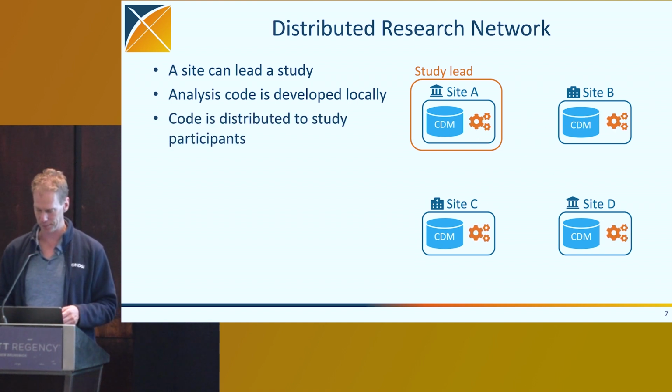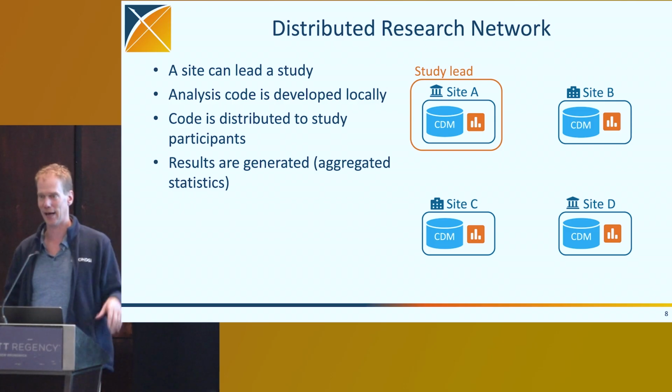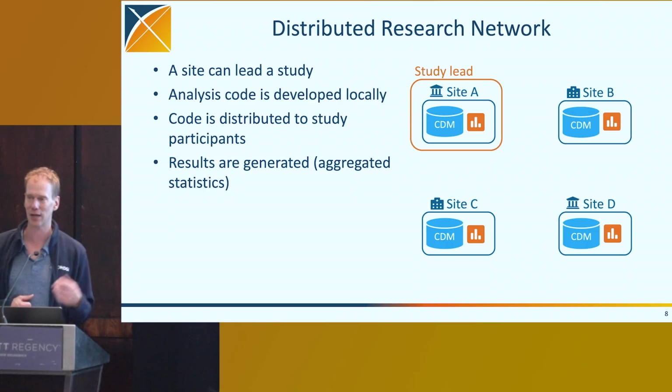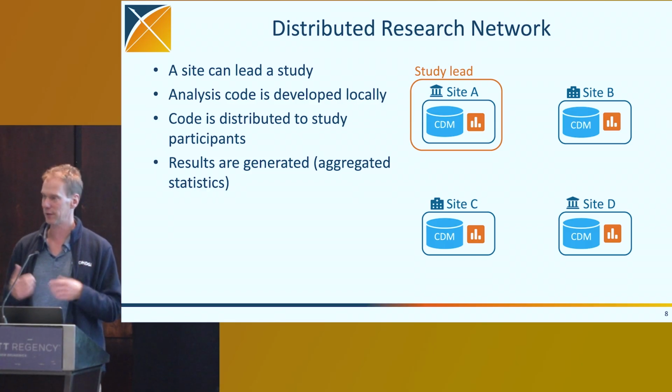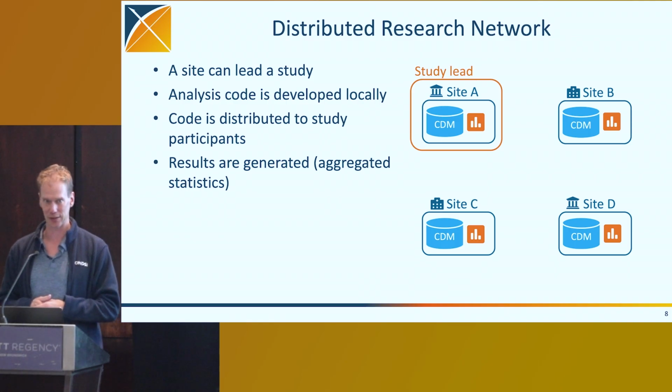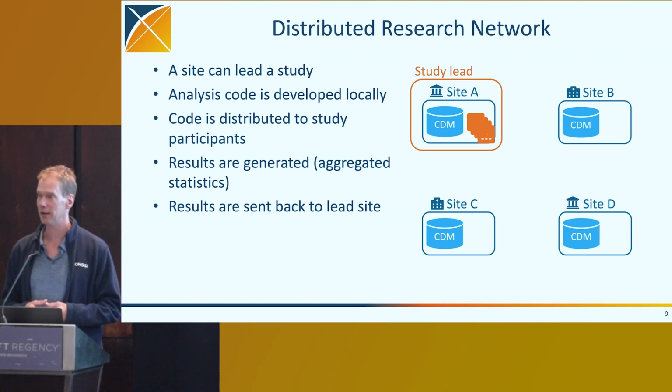So we send it over to them. They then can run it locally and produce aggregate statistics like hazard ratios and patient counts. Because they're aggregates, those are things that we can share between sites. They're not patient-level data. Then we send them back, and then we need to combine them in some way.